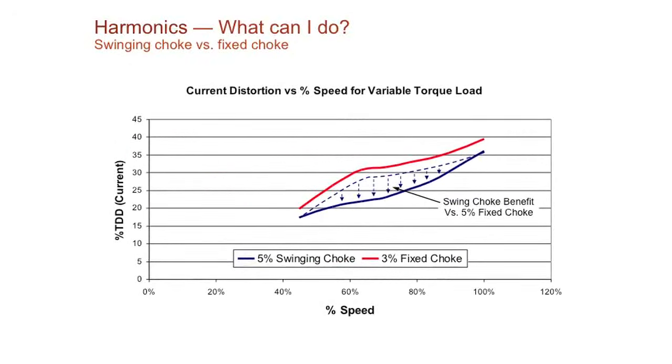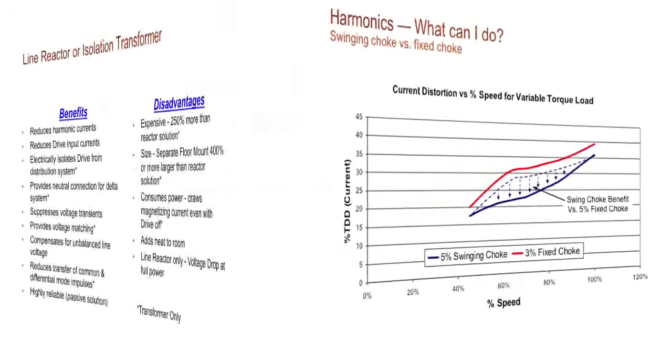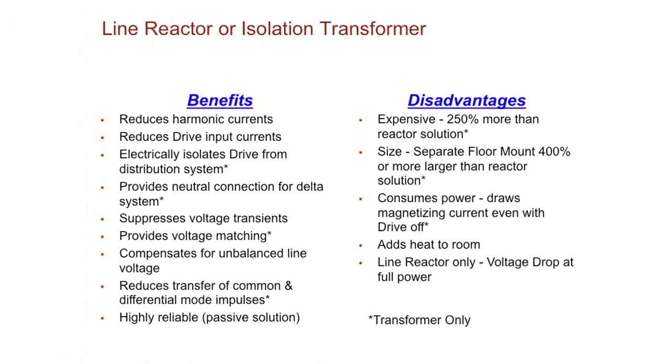With our patented swinging choke with the air gap, you can see what happens to a fixed 3% choke, the red line, and then what happens to ours: we stay pretty much up there.